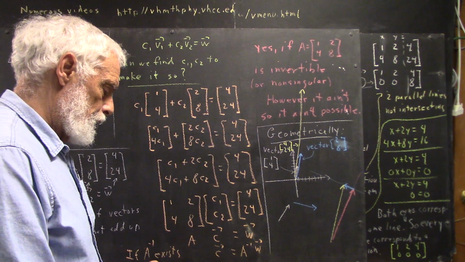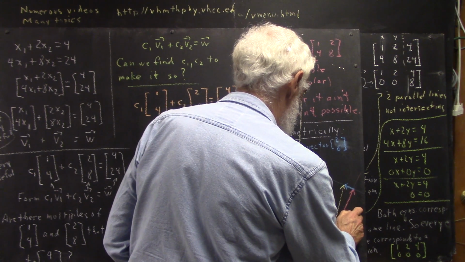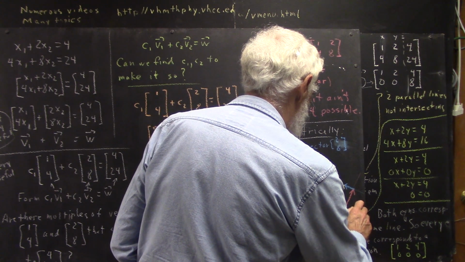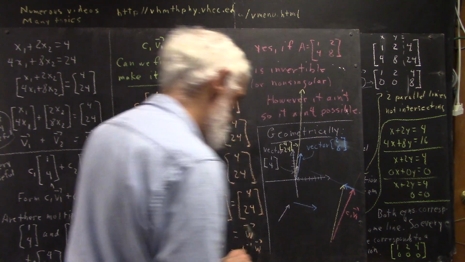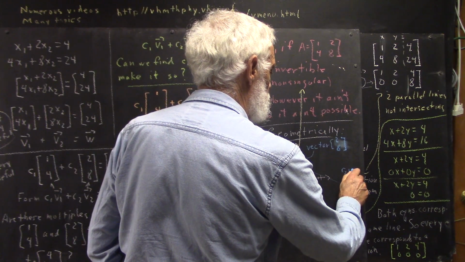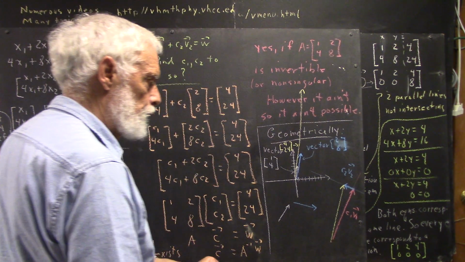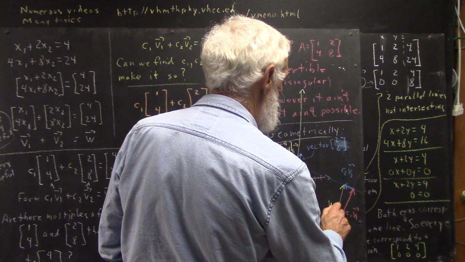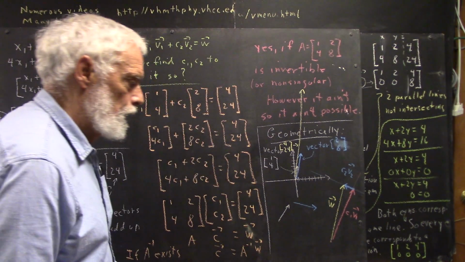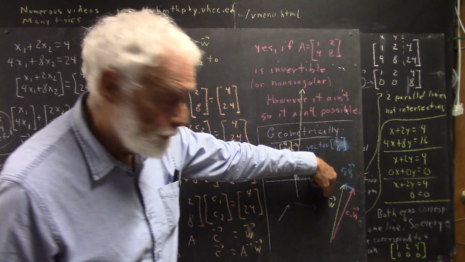So that this vector would be, let's say, C1V1, and this vector would be C2V2, and if this vector is W, then we would have C1V1 added to C2V2 equals W.